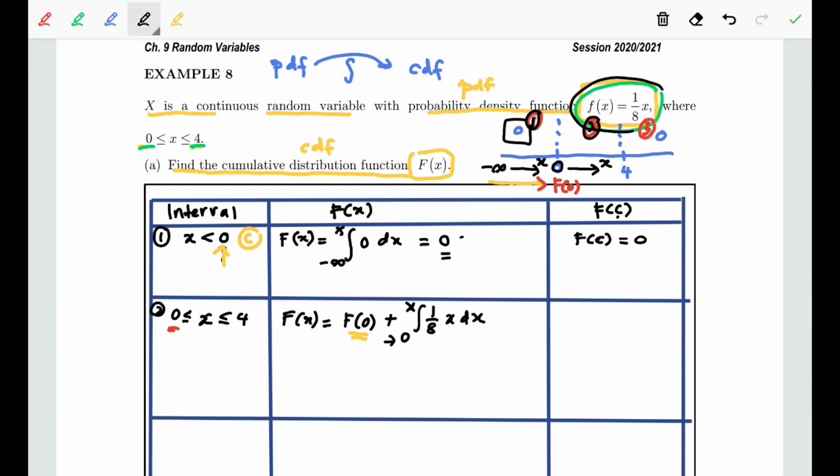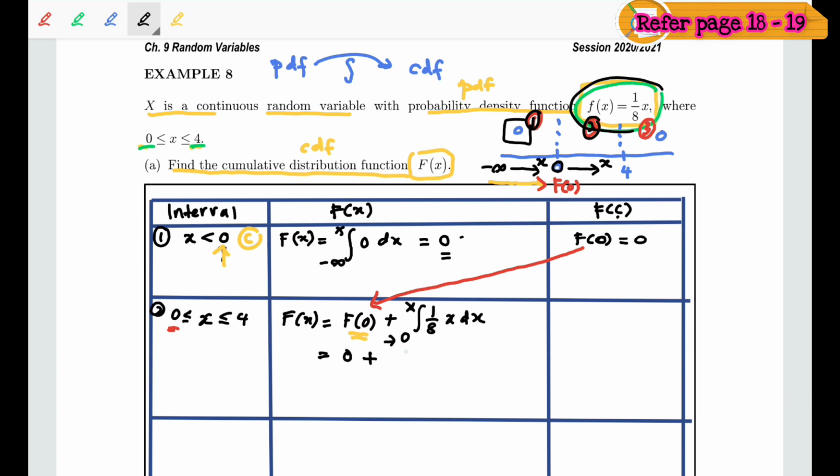It should be f of 0, not f of c. The f of 0 from the first part we have found out is 0. So this is 0 plus the integration of 1 over 8 x.